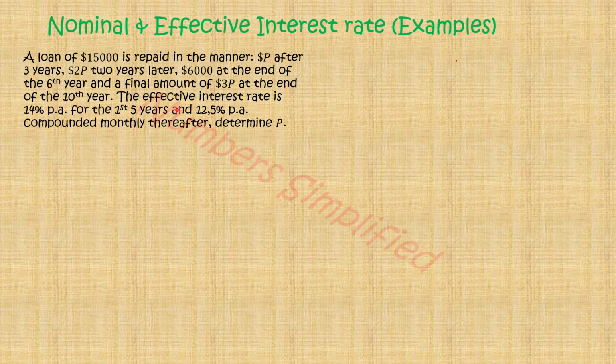The effective interest rate is 14% per annum for the first 5 years and 12.5% per annum compounded monthly thereafter. Determine P. So the solution.